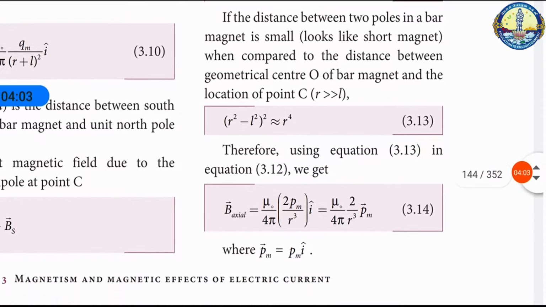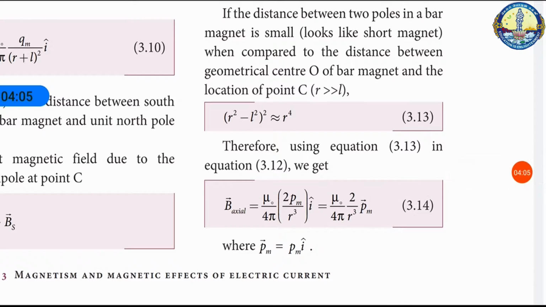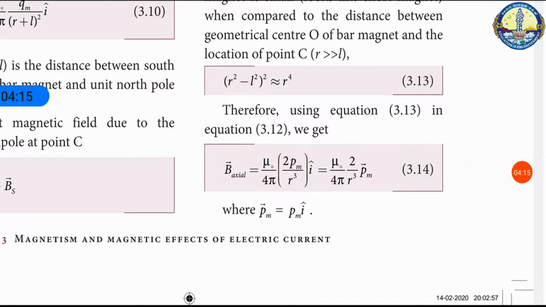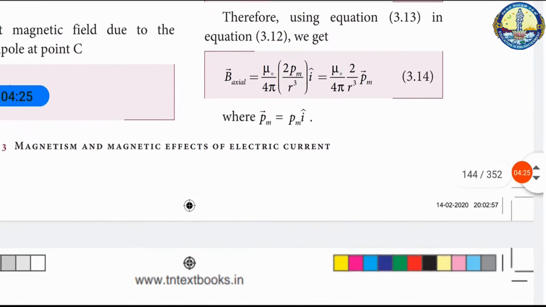Therefore, using this condition, we can write B axial equal to mu naught divided by 4 pi into 2 pm divided by r cube, in the i direction, where the vector pm equals pm i. So we can write mu naught divided by 4 pi into 2 divided by r cube times the vector pm.